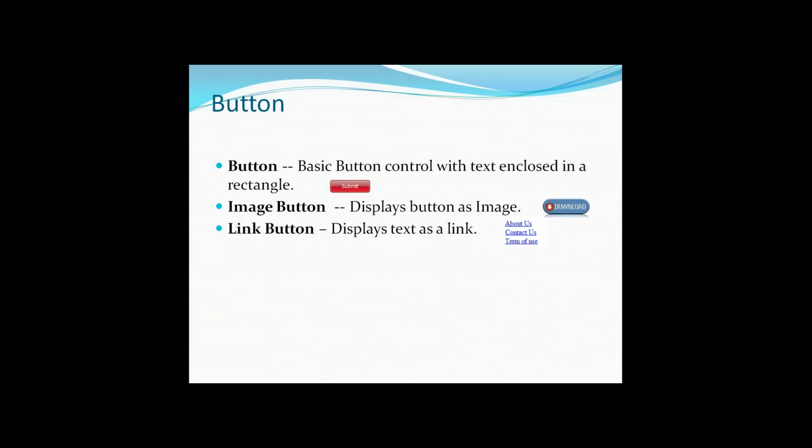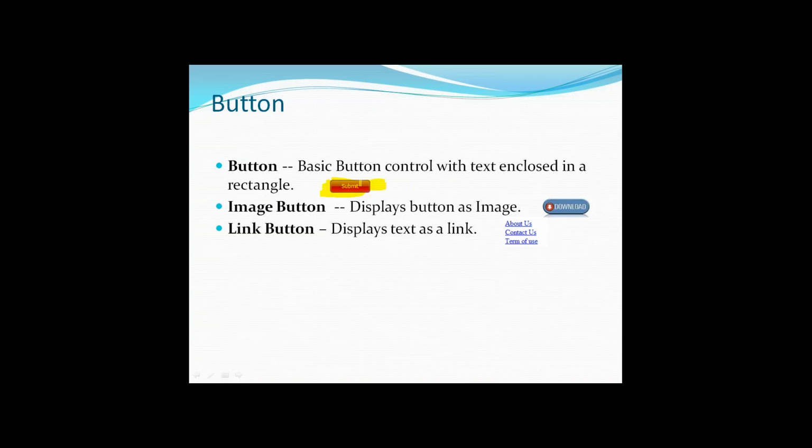And basically there are three different types of button control. So button is the very basic control, but there are two other types of button controls as well, used in your ASP.NET. Fine. So the first and foremost one, or the basic one, is your button control. If you see, there is an image here, something like an image shown here.